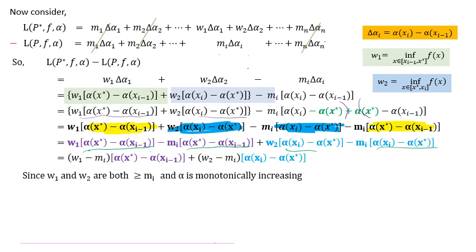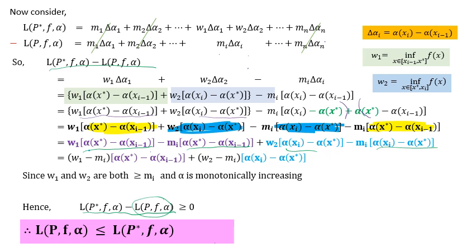And since alpha is monotonically increasing, we can conclude that this expression here has to be greater than 0. If that's greater than 0, then that means this has to be less than the redefined partition, which is what we wanted to prove in the first place. So that completes number 1, part A. I hope that was clear.